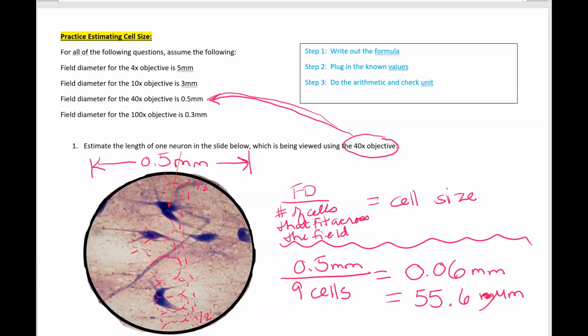If you just took the 0.06 millimeters and converted that to micrometers, you would end up with 60 micrometers. So I hope that helped. Just keep practicing.